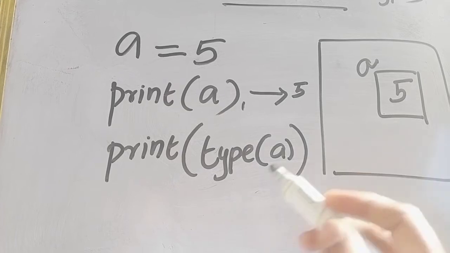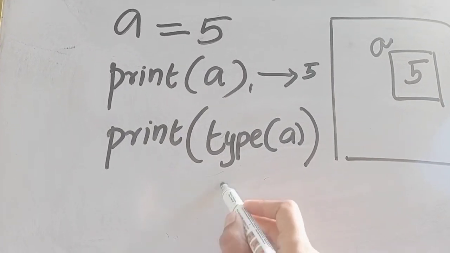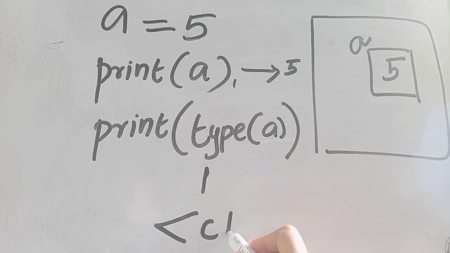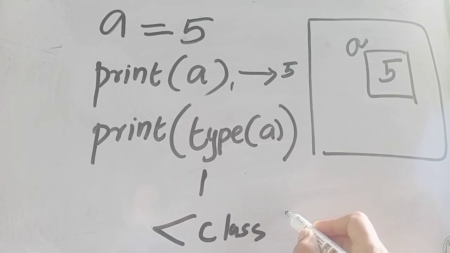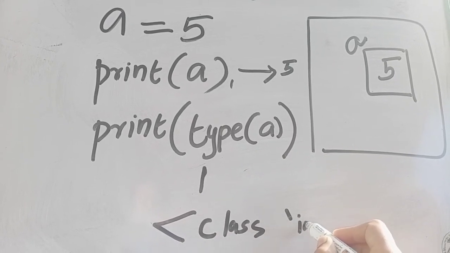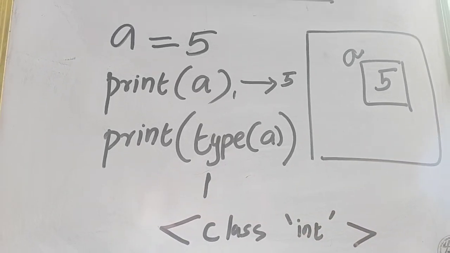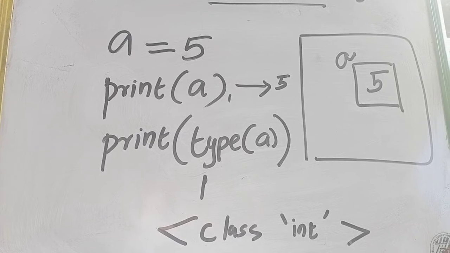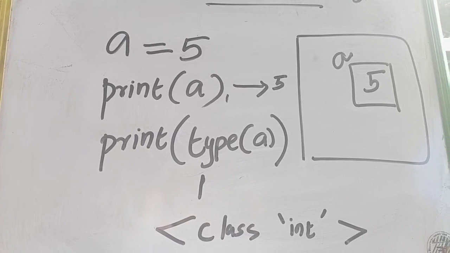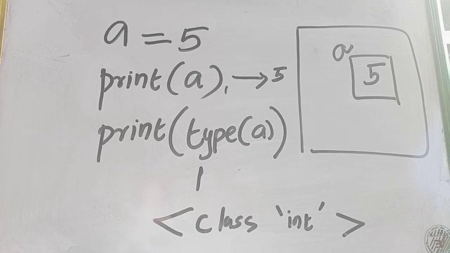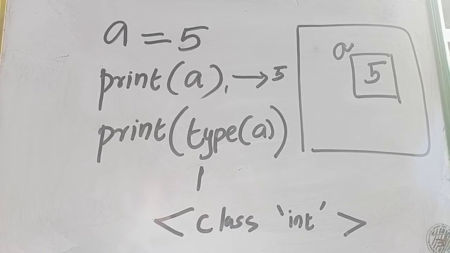So whenever you are using type of a, the answer will be like this. You have to write like this only, okay. Angle bracket class. If it is an integer type, the answer will be int. Don't write integer, it will be like this. So here we know a is a value that is an integer type. So type of a means automatically it will print angle bracket class int.